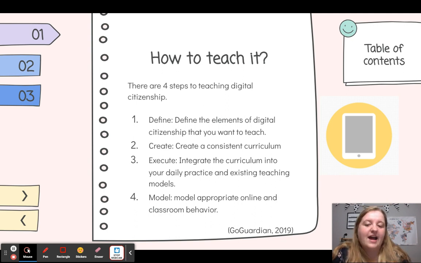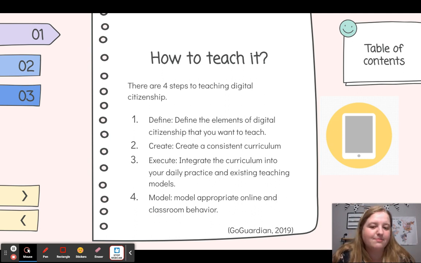The third one is to execute. Integrate the curriculum into your daily practice and existing teaching models. So if you're teaching about technology, it's important to include digital citizenship in that unit.